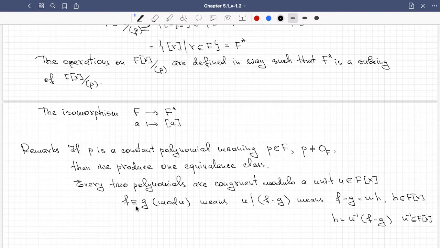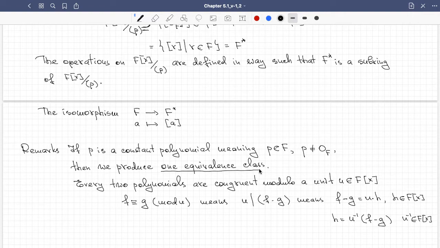So every two polynomials are equivalent, means every two polynomials are congruent, means every two polynomials belong to the same class. All polynomials belong to the same class. We have exactly one equivalence class.